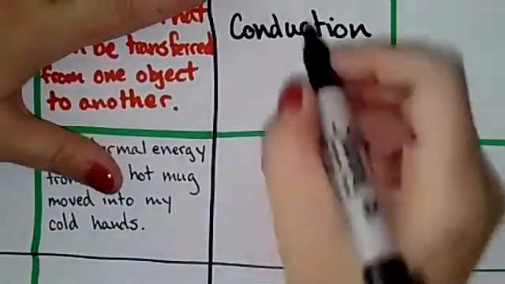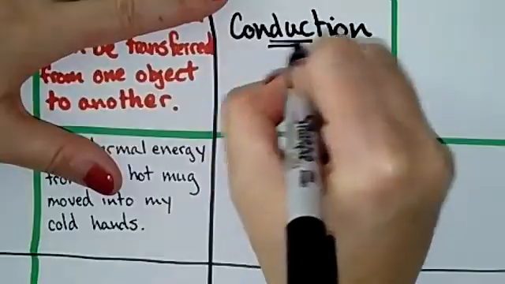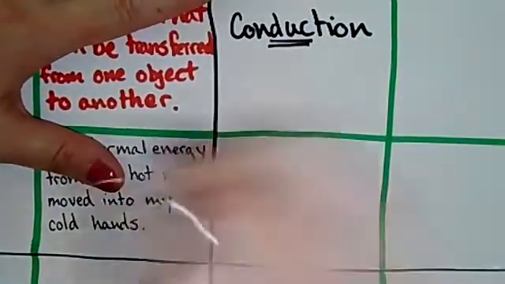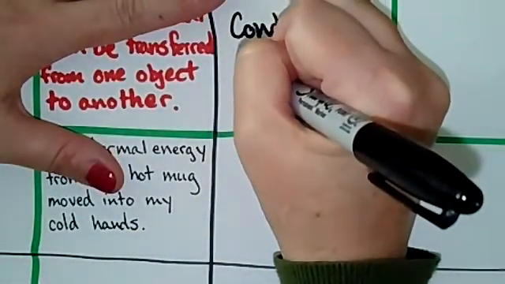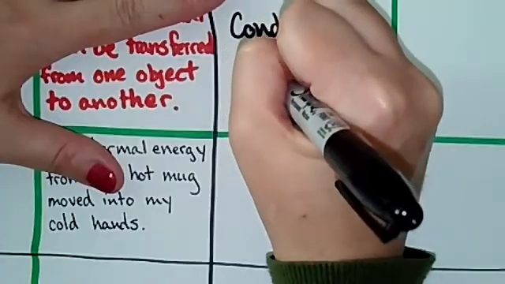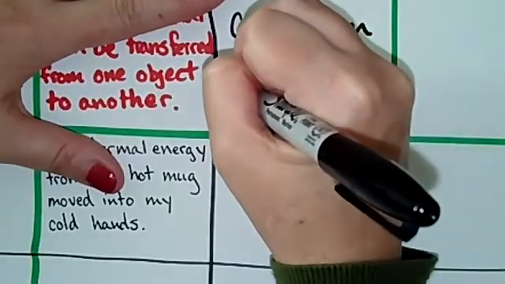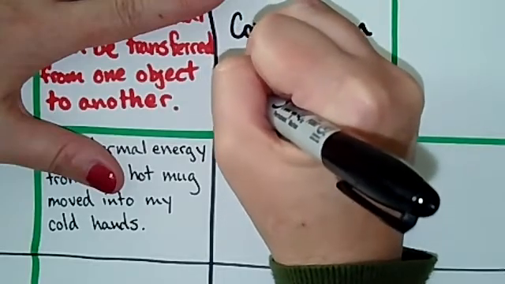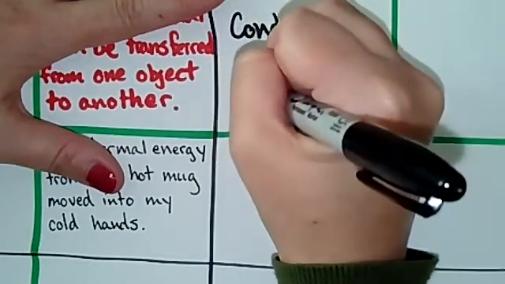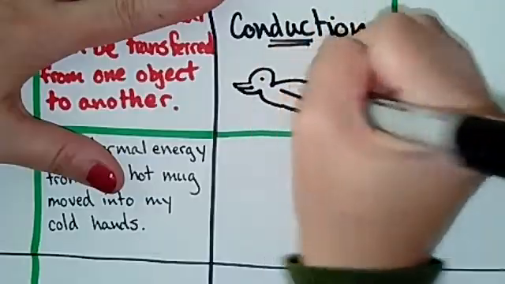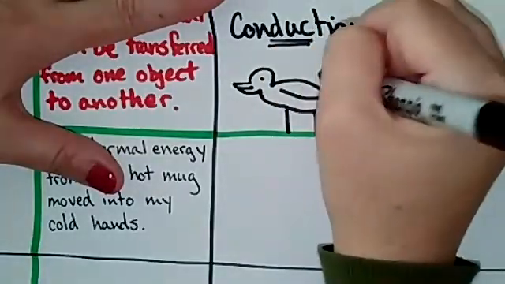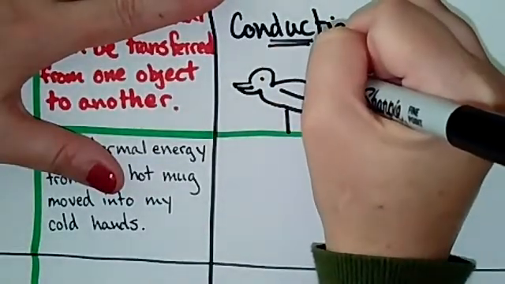I want you to underline duck. I want you to draw a duck. I'm going to say that this is a duck. I'm going to put my hand touching the duck.